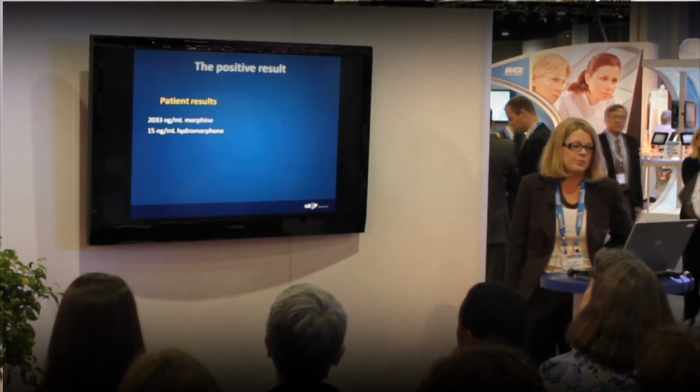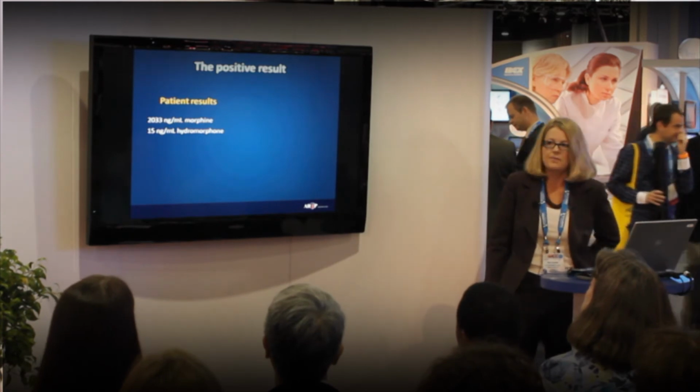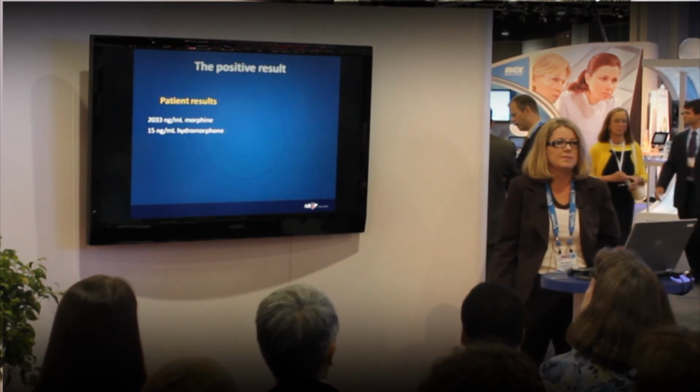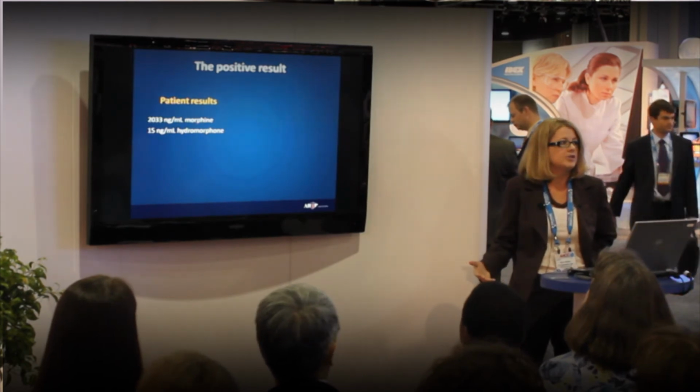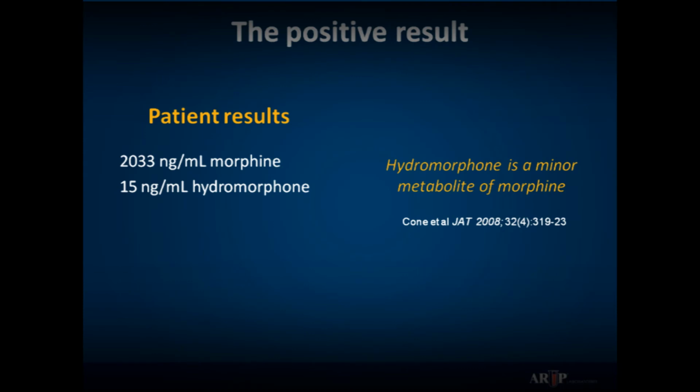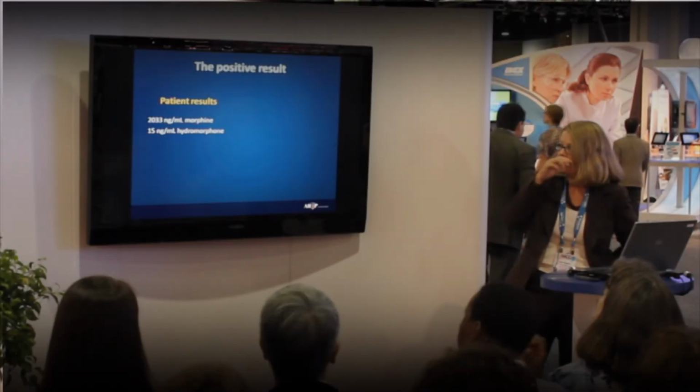This is another example where quantitative results are useful. So if we find both morphine and hydromorphone in a urine specimen, we could conclude that a patient took both those drugs independently. But if we look at the concentrations, we'd see that the hydromorphone in this case is very small proportionally to the morphine concentration.